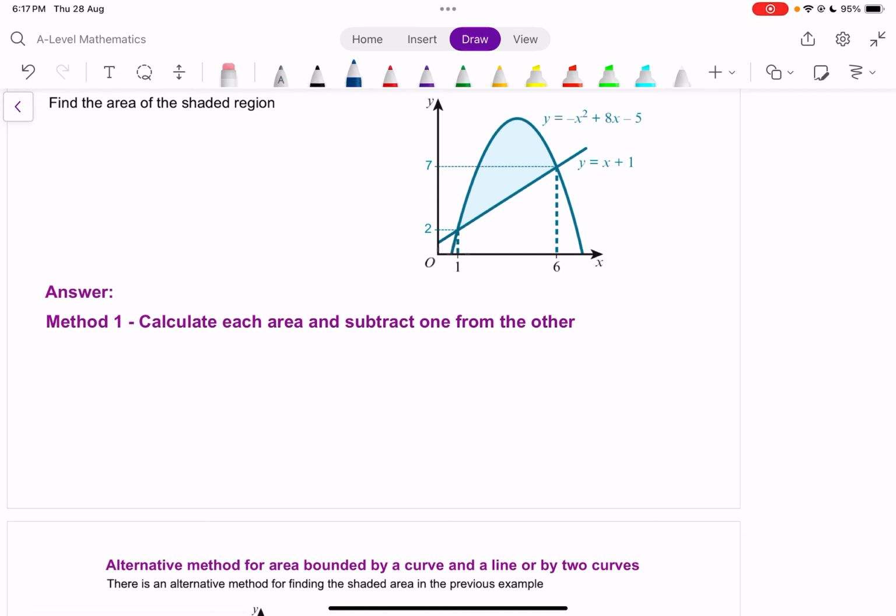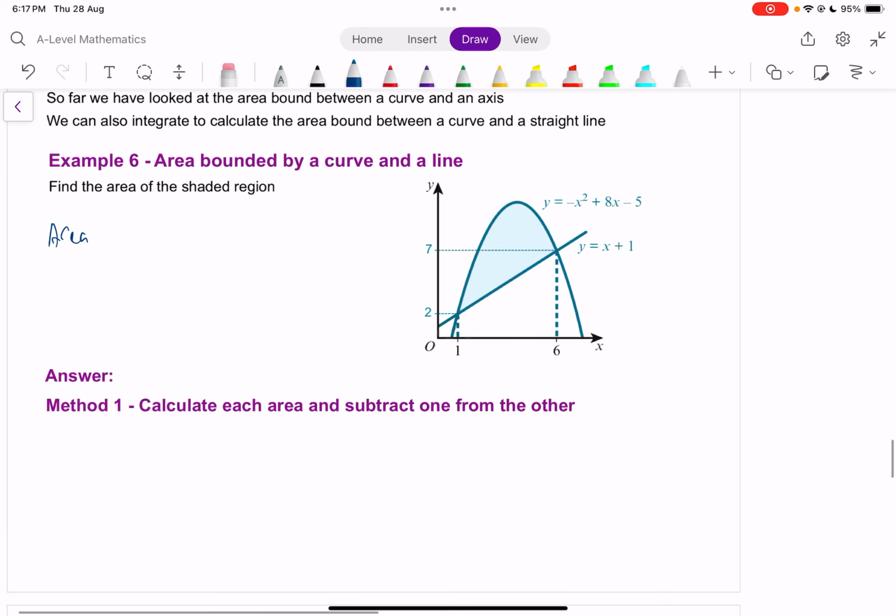We use the area of the quadratic, minus the area of the straight line. And I should clarify, under.